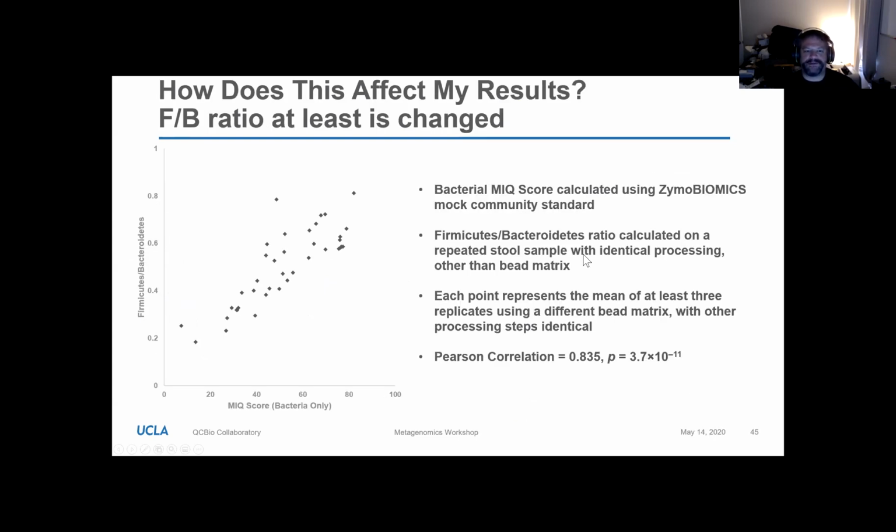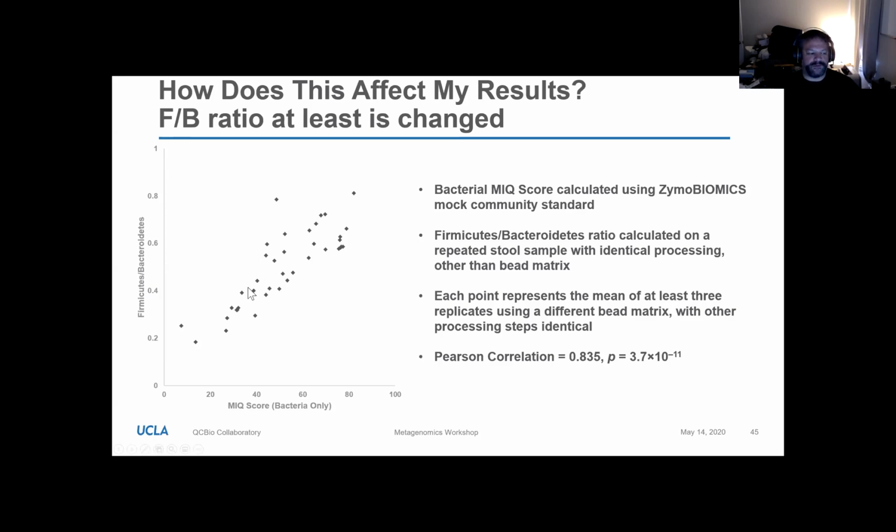So how is this affecting the results? Not surprisingly, if there's inefficient lysis, if you're not lysing something approaching 100% of your microbes, you wind up with that lack of efficiency being unevenly distributed.